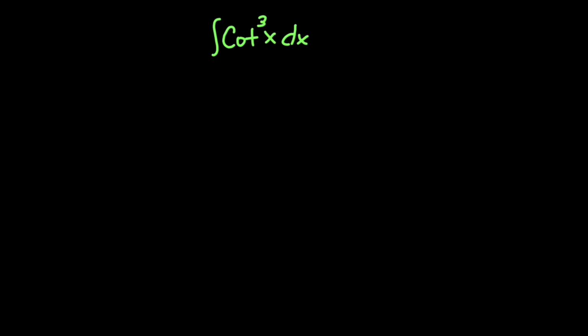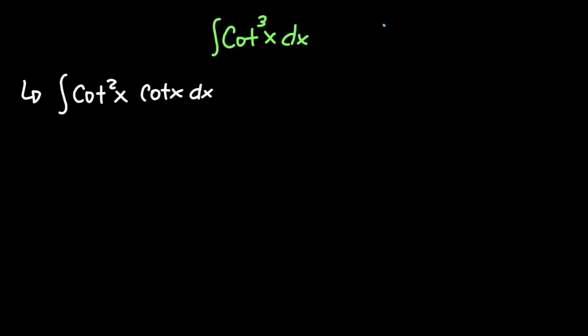Let us continue on with the integral of cotangent cube of x. So it's the same as the rules of tangent earlier because they had an odd exponent. So factor out a cotangent squared of x first. And so let us figure out the value of cotangent squared of x using its trigonometric identity.